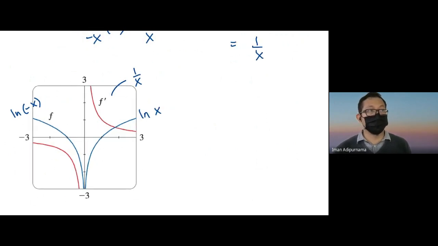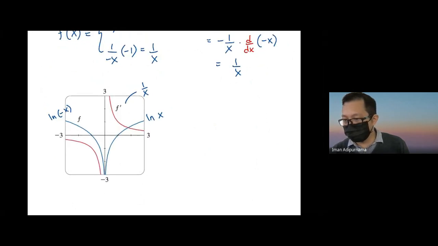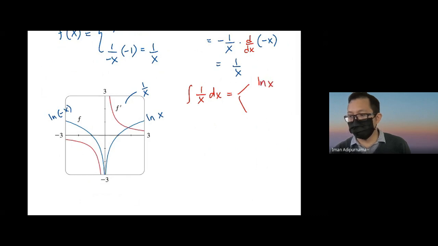So later, let me just make some notes here, but this is not really in this chapter. So if you have the integral of 1 over x dx, it can be ln x, or it can be ln negative x.